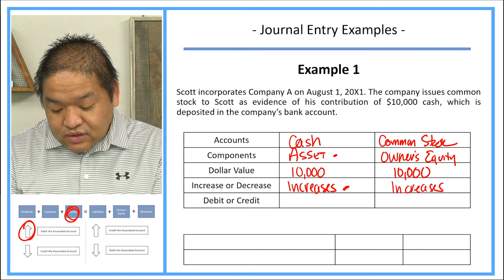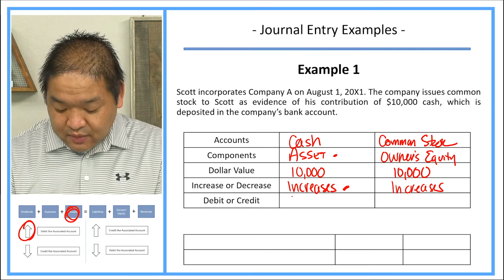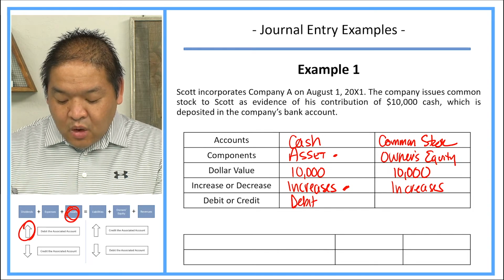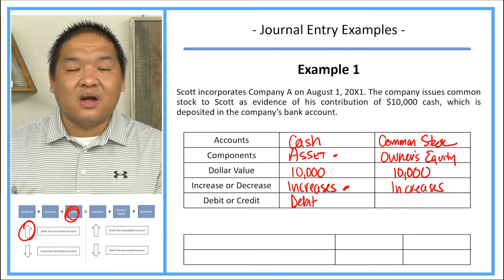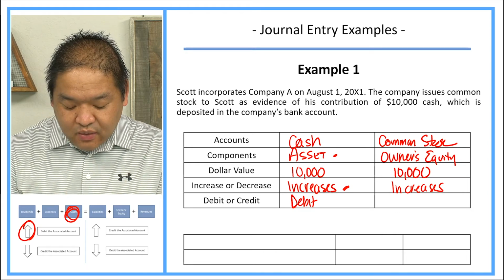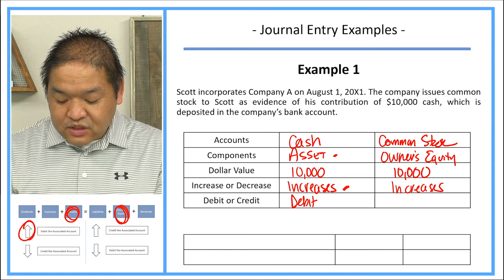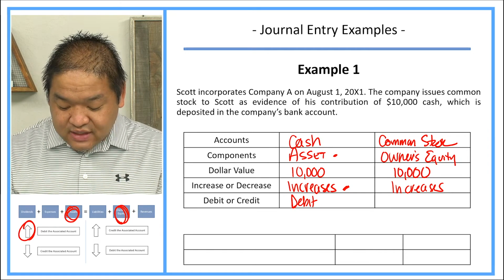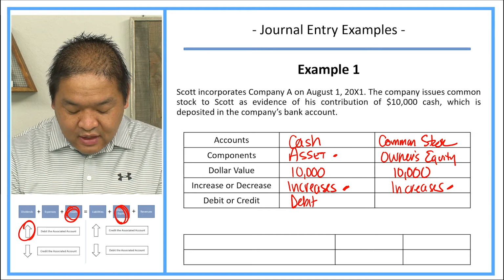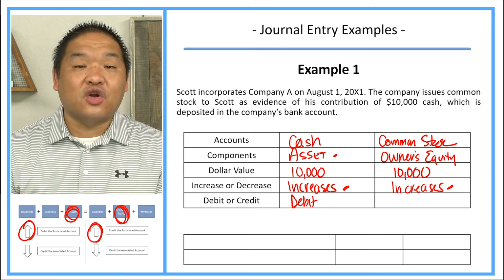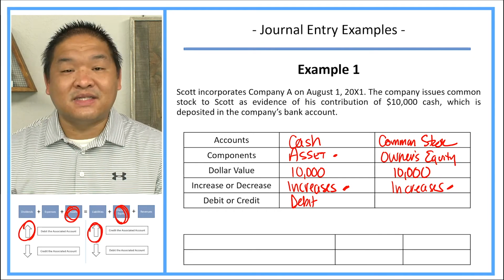So we are going to debit cash. So I'm going to put debit here. What about common stock? So common stock is an owner's equity. Owner's equity is over here. That owner's equity, the dollar, it increases because we said it was increasing. So increasing would be a credit for common stock.